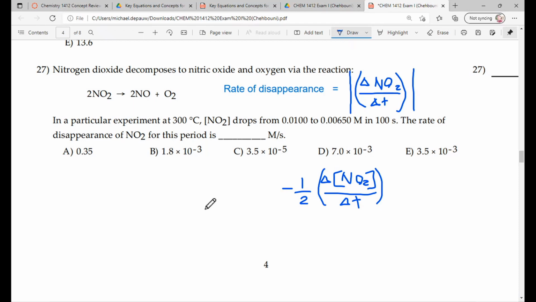If it asked you for the rate of change, what is the rate of change in the concentration of NO2? That could be negative. All right, in this case though, we're just looking for this. So what does that give you?